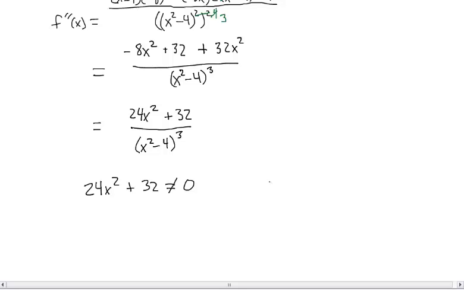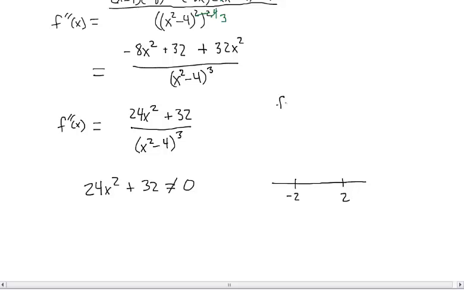And now we're going to do a sign chart for the second derivative test. And remember, just because we don't have a critical value, we need to plot the discontinuities again. So we have −2 and 2. And now we need to test points in each interval. So this was our most recent f double prime of x.